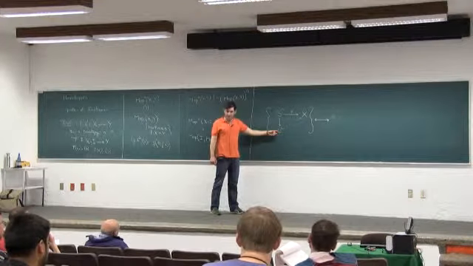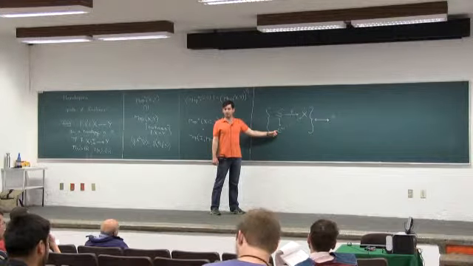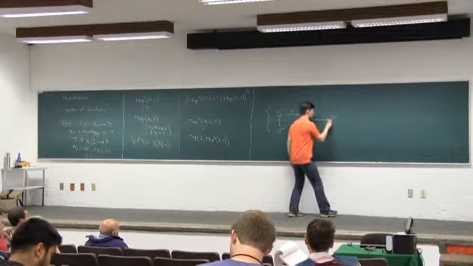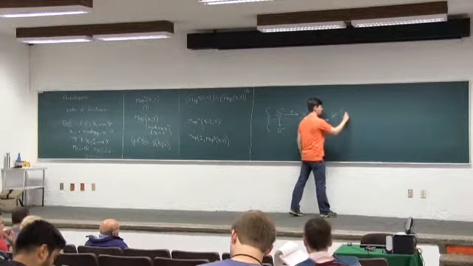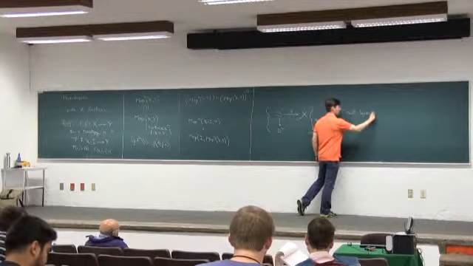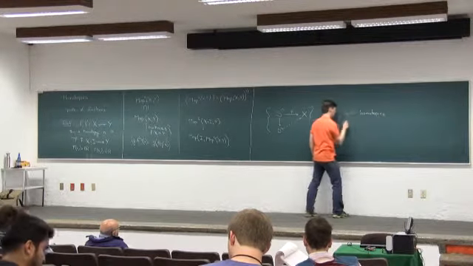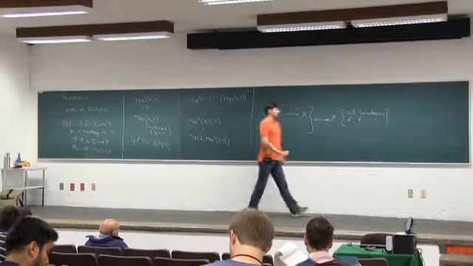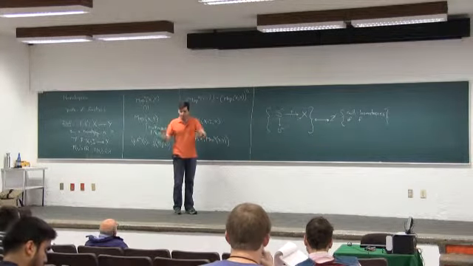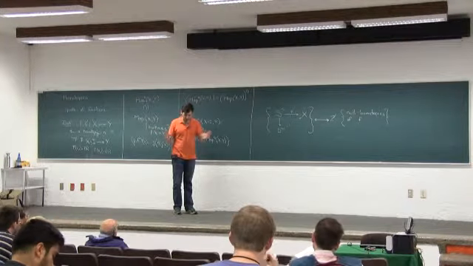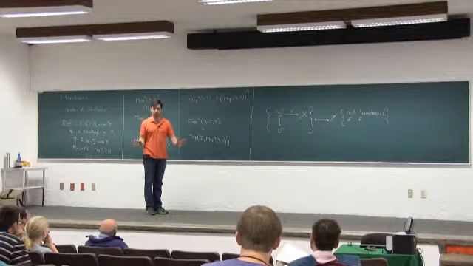And any extension over the disk is a null homotopy of F. So the set of extensions is the collection of null homotopies of F. So it's recording for me a lot of information, but this is exactly the way all of obstruction theory works.